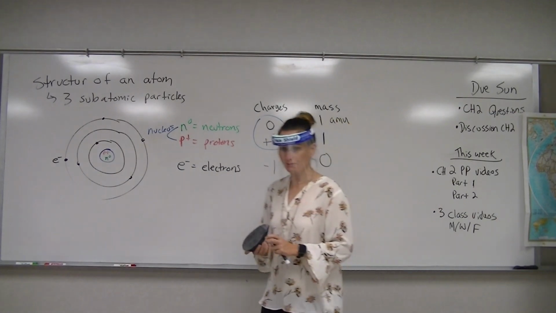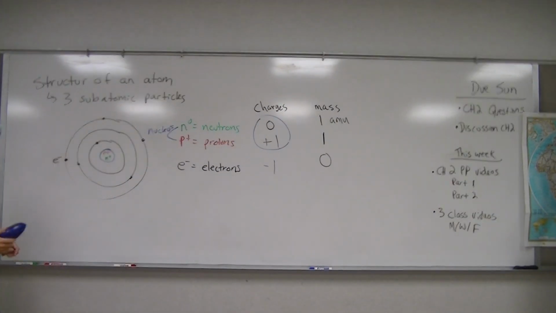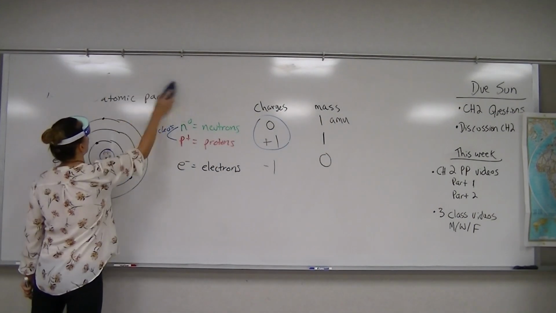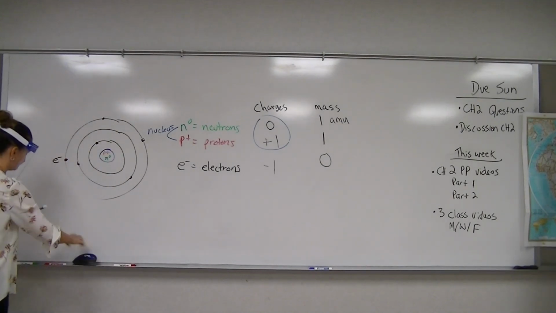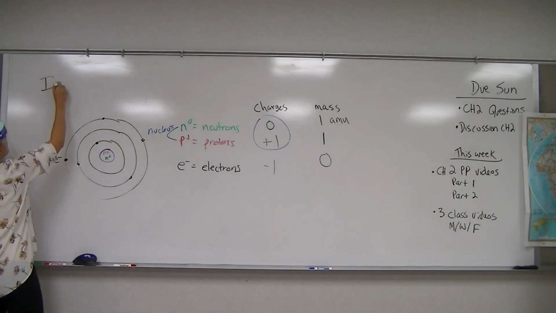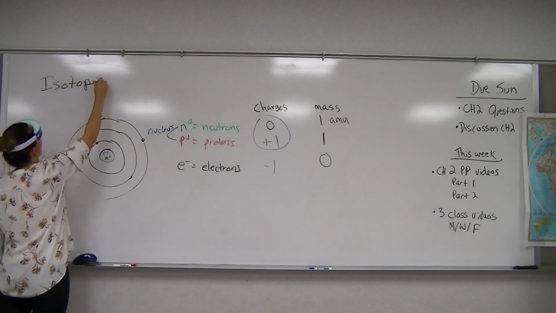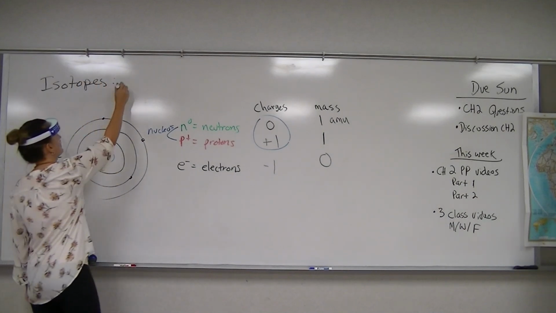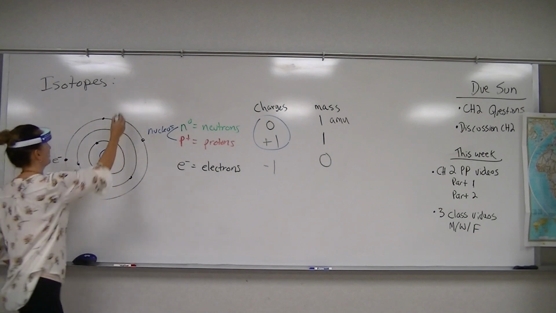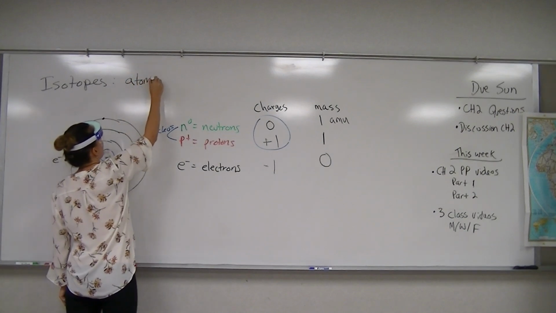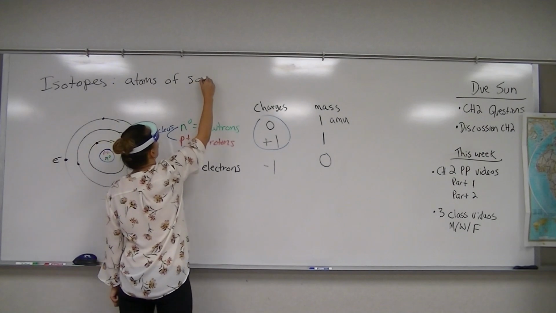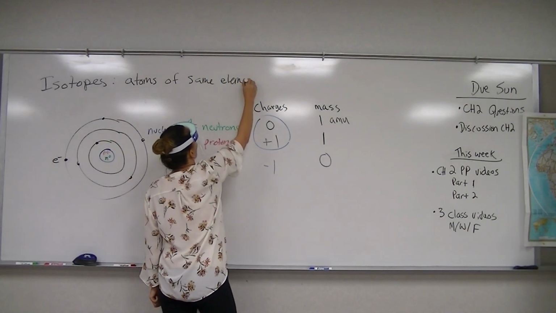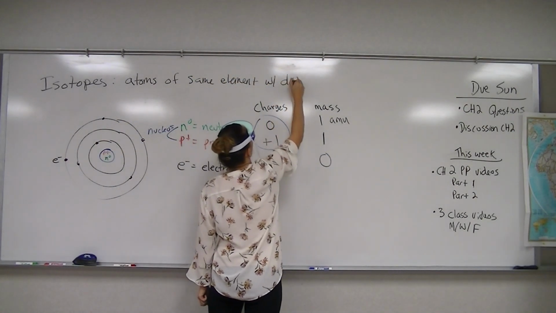All right, so with that, I'll give you a definition. Anyone heard of isotopes before? So what isotopes are, they're atoms. So here's our picture of an atom, right? Of the same element with different mass numbers.